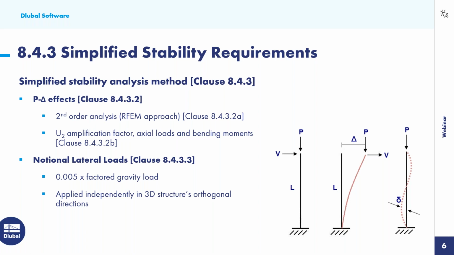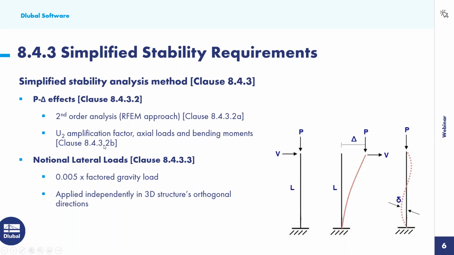Now, the other alternative, let's say you have a structural analysis program that does not automatically apply second order effects, or you're doing hand calculations, is you do need to apply this U2 amplification factor to both axial loads and bending moments. And this is according to 8.4.3.2(b). So again, if you can't meet this requirement of a second order analysis within your structural analysis program, then you'd probably be taking into consideration P delta effects with this amplification factor.